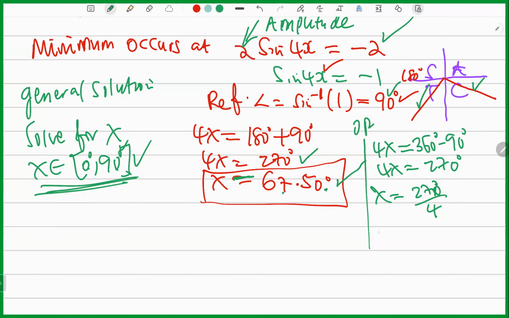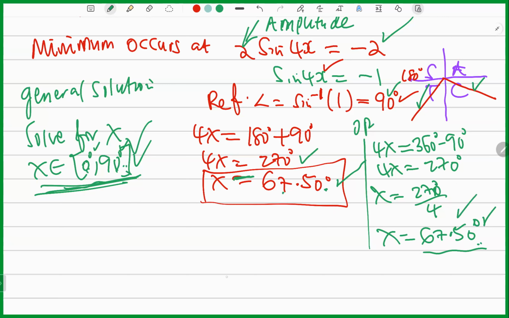It makes no difference. It is 67.50 degrees, and that's what we got. This 67.50, is it in the interval here? Yes, it's smaller than 90, but it is bigger than 0.